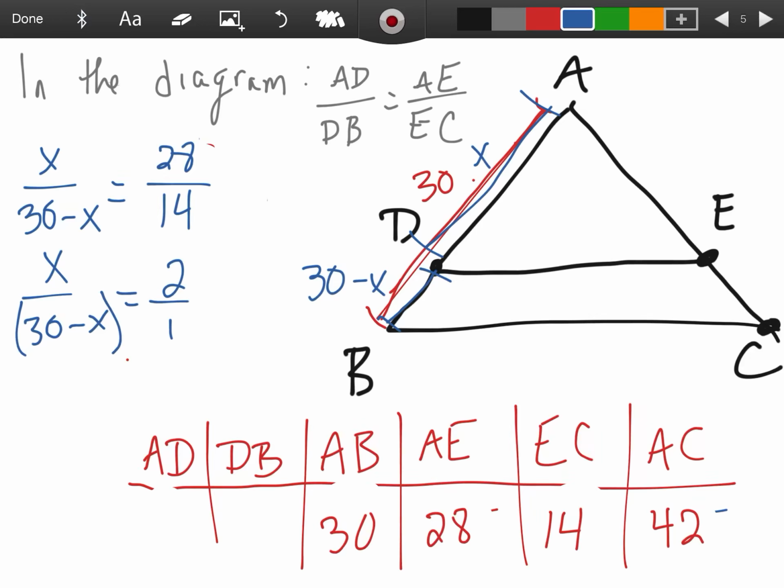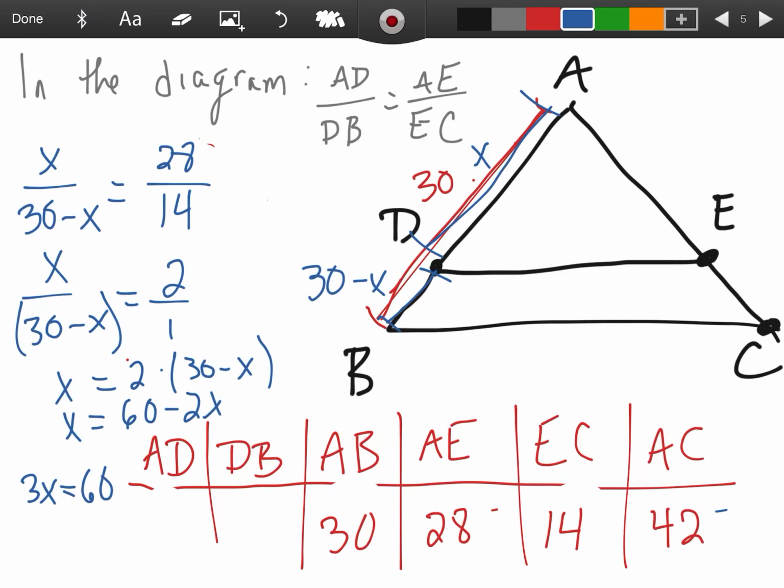Now I can cross multiply, and I get x is equal to 2 times 30 minus x. So I get x equals 60 minus 2x when I distribute. Add the 2x over. Sorry, I'm running out of room here a little bit. I get 3x equals 60. So boom, I finish with x equals 20.